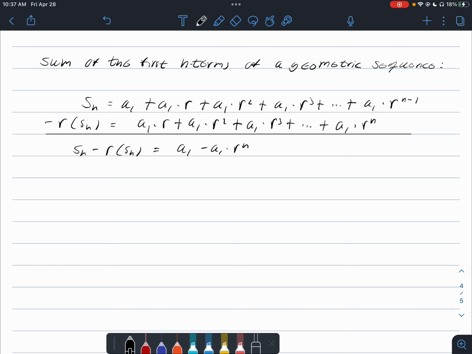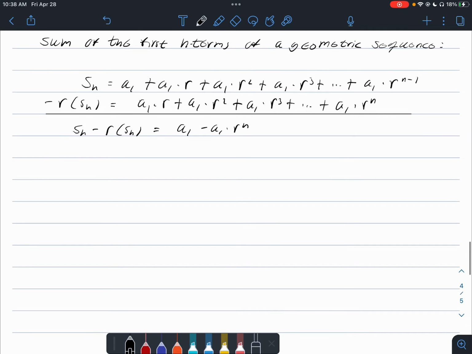The reason for that is that each of these other terms are going to cancel out. The only thing we're going to be left with is this A1 times r to the n, and we're going to have A1 by itself. Everything else is going to cancel out because the r values are equal.